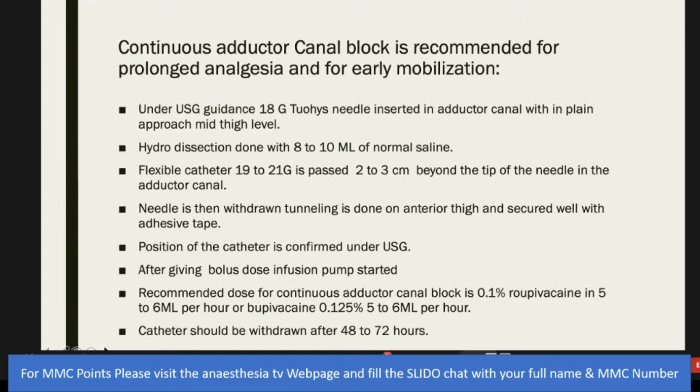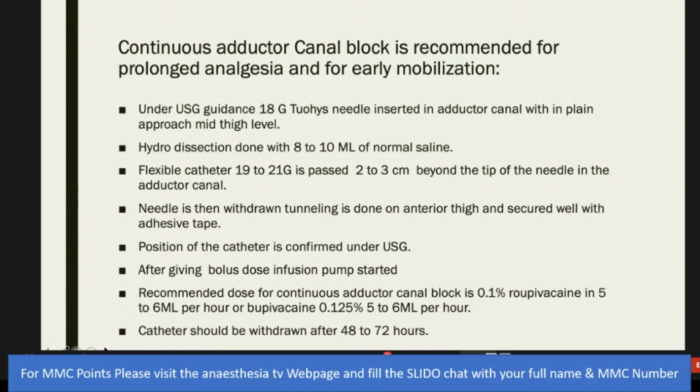Continuous adductor canal block is recommended for prolonged analgesia and for early mobilization. Under USG guidance, an 18G Tuohy needle is inserted in the adductor canal with the in-plane approach at the mid-thigh level. Hydrodissection is done with 8 to 10 ml of normal saline.